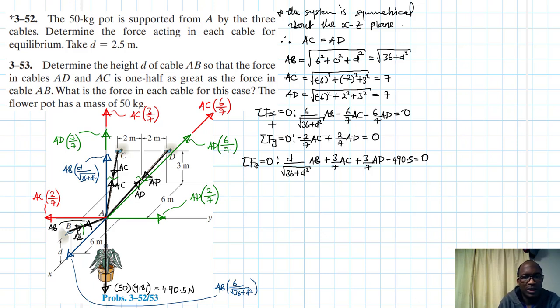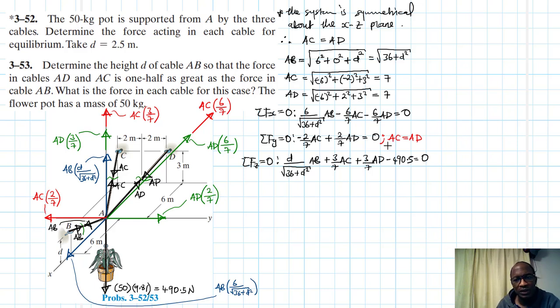So we know that from this equation here, AC is equal to AD, right? And we know due to symmetry, this is something that we knew.